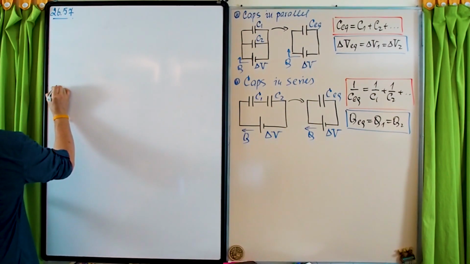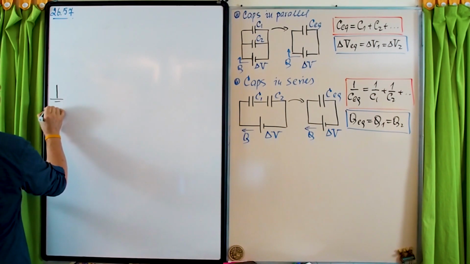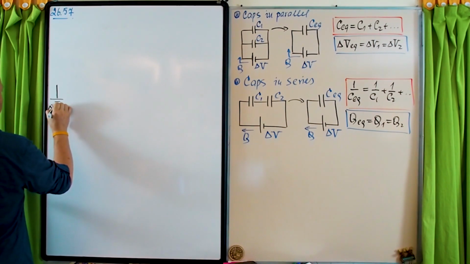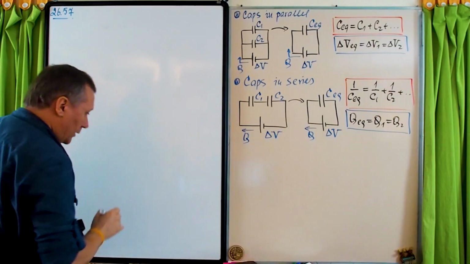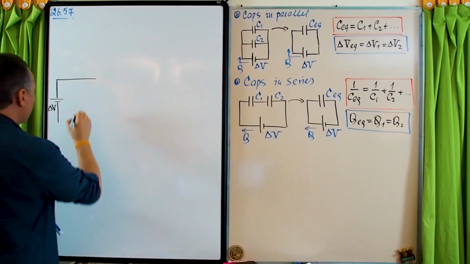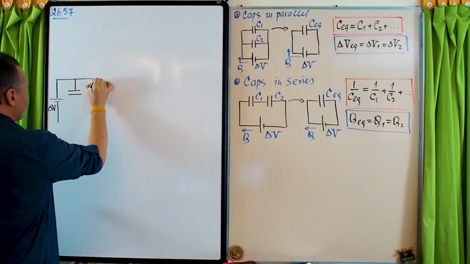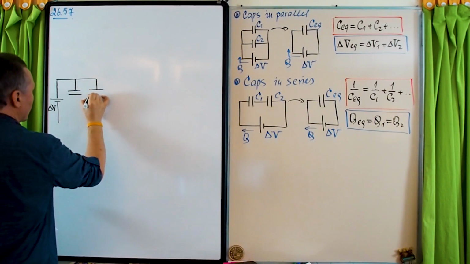Right. So first, we have a battery, so delta V. And then two capacitors. The first one, then the second one.